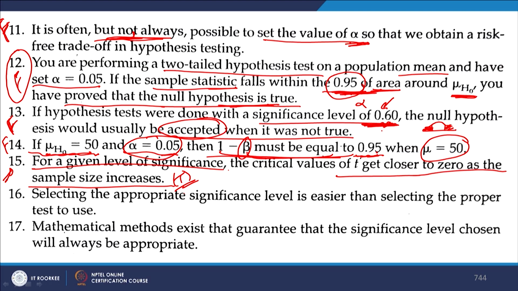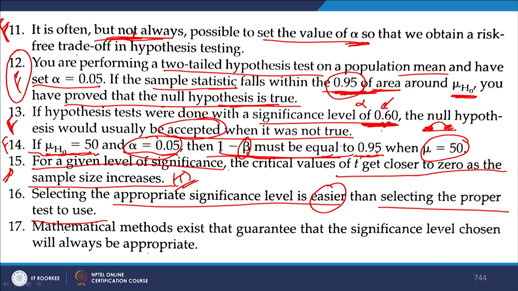Let us look at the 16th one. Selecting the appropriate significance level is easier than selecting the proper test to use. What do you think? Is it a correct statement?